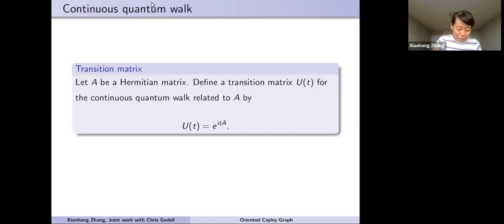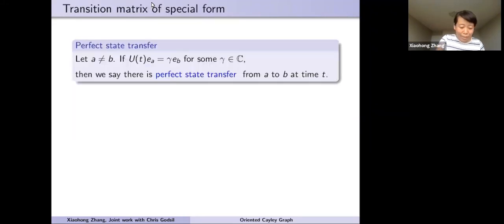We know that if we have a Hermitian matrix A, at time t, the transition matrix for the quantum walk on A is given by a matrix exponential. This is a unitary matrix, so each column or each row has Euclidean norm 1. In the special case where some entry of the matrix has modulus 1, say gamma here, then everything else in the same row or column is zero.